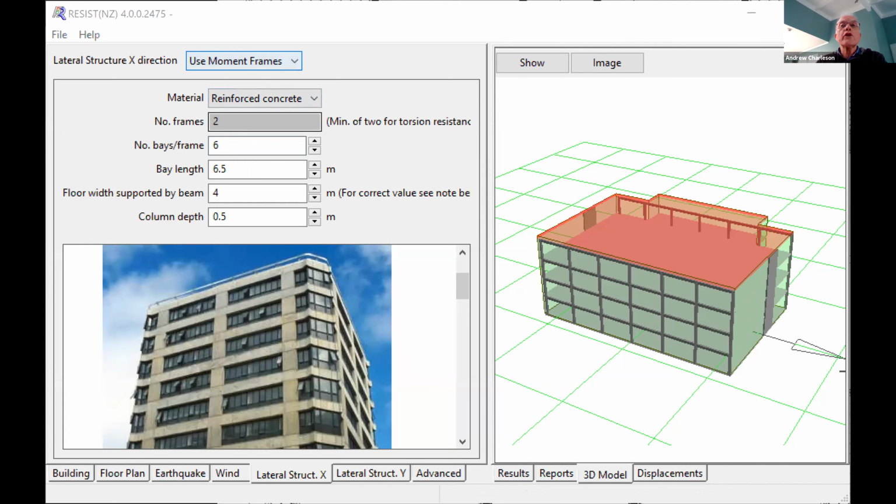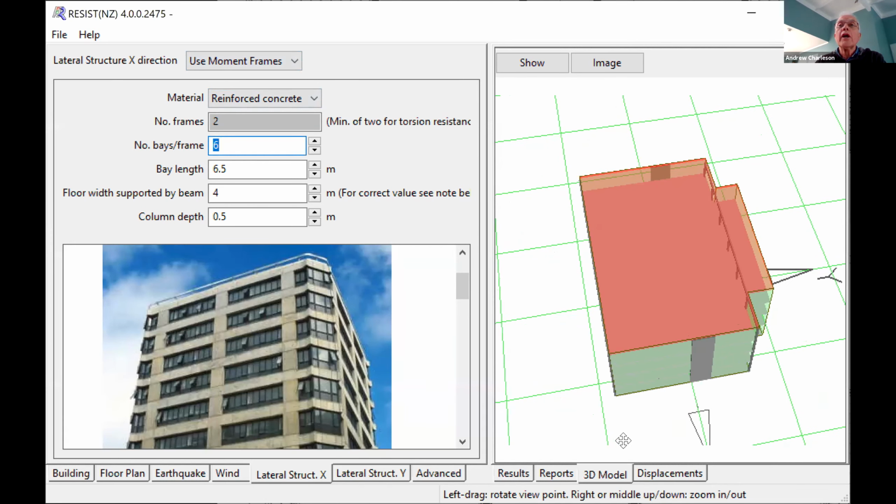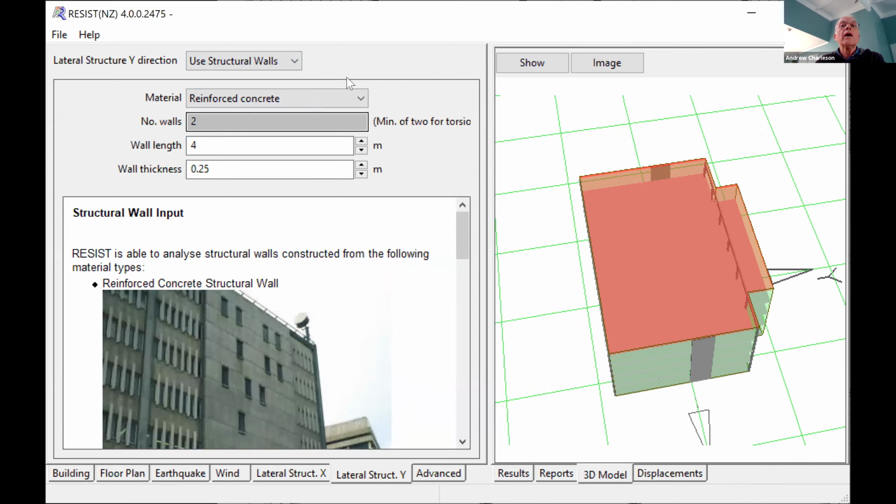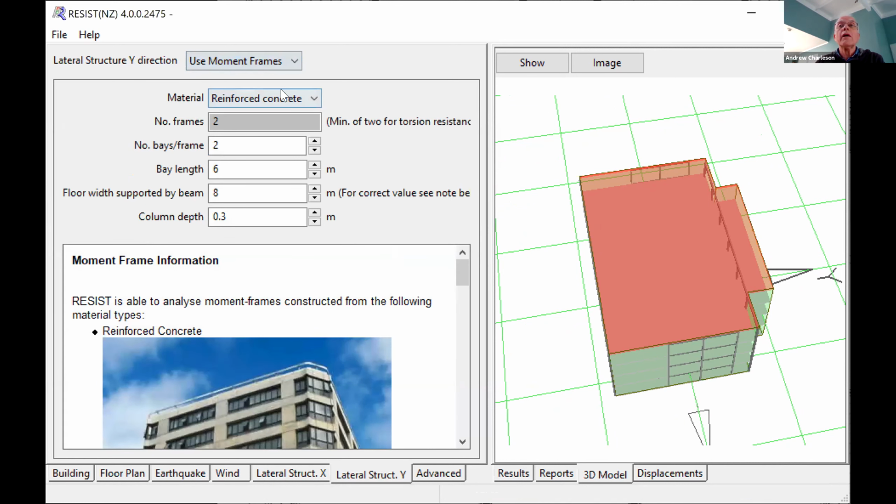Now we go to the Y direction. In the Y direction, we click on this tab. I'm going to use moment frames again. And I'm just going to use two frames because that suits the layout of the clinic.